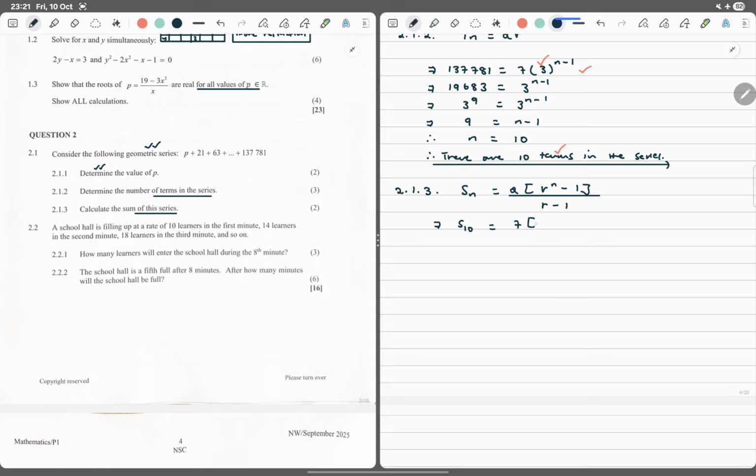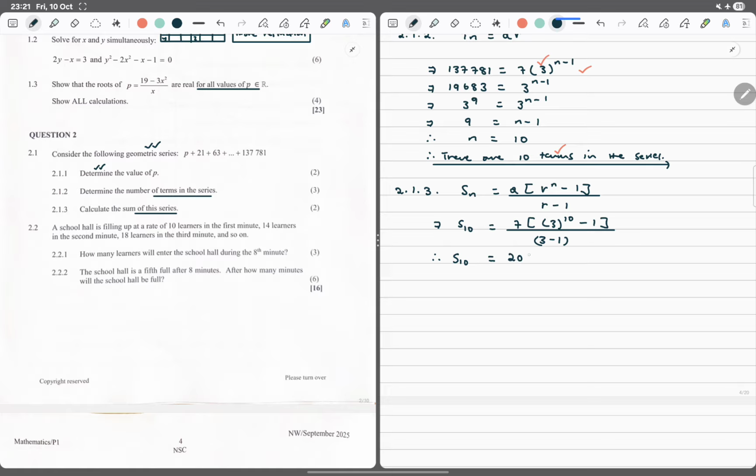It's going to be 7 into 3 to the exponent 10 minus 1, all divided by 3 minus 1. Therefore, our S sub 10 will give us what we have there. So let's see, 7 into 3 to the 10 minus 1 divided by 3 minus 1.